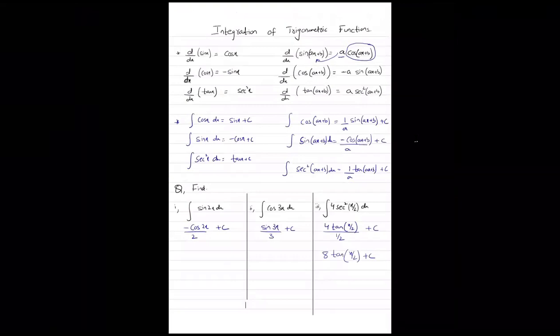Okay, so hold on. Find the exact value of integration of 3 minus 2 sine 2x dx from the limit 0 to pi by 4.